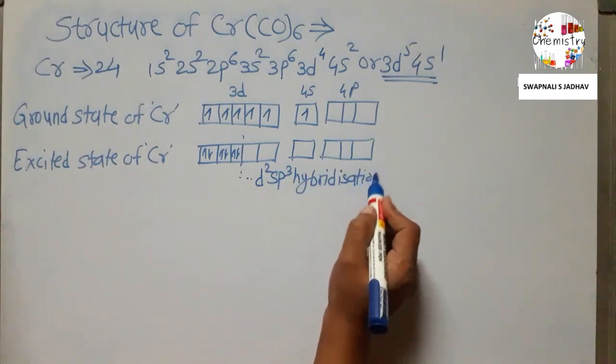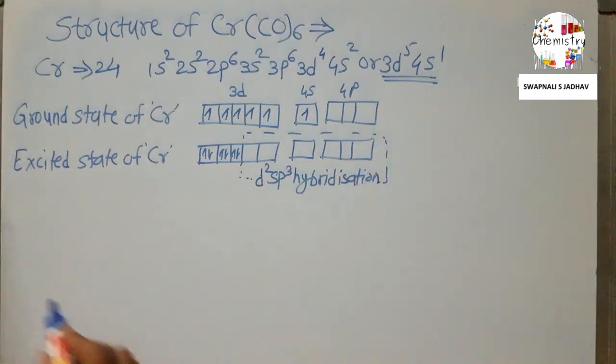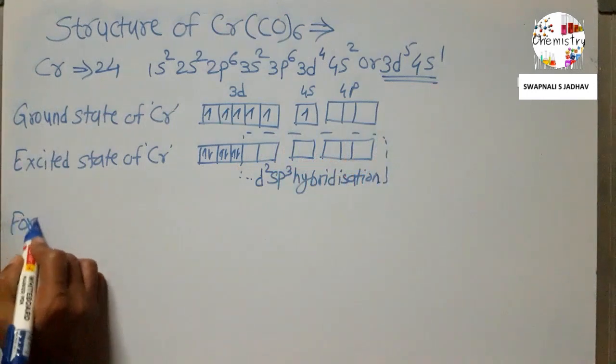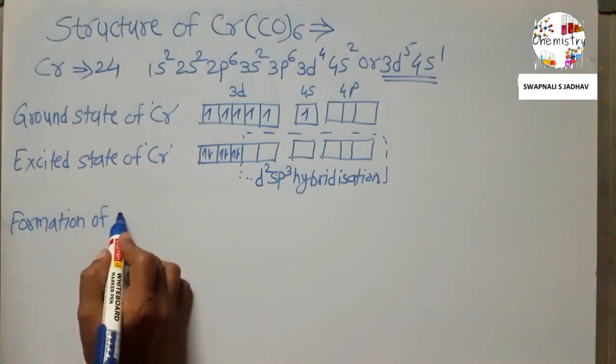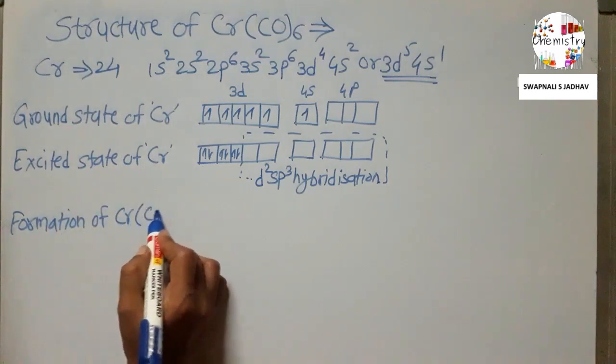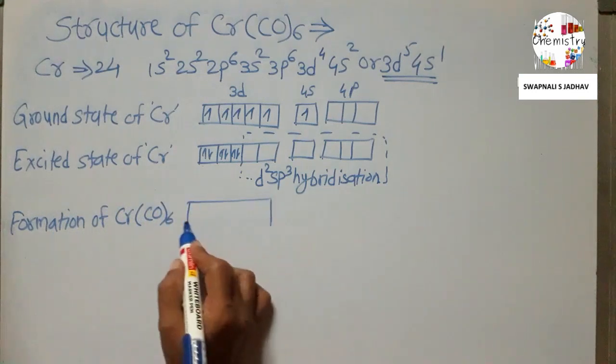Okay, so by using those hybrid orbitals there is formation of the Cr(CO)6 molecule.